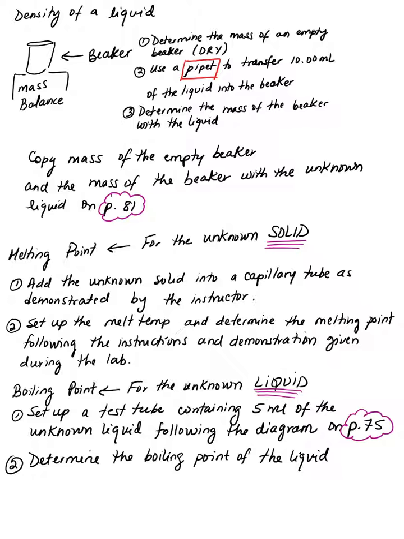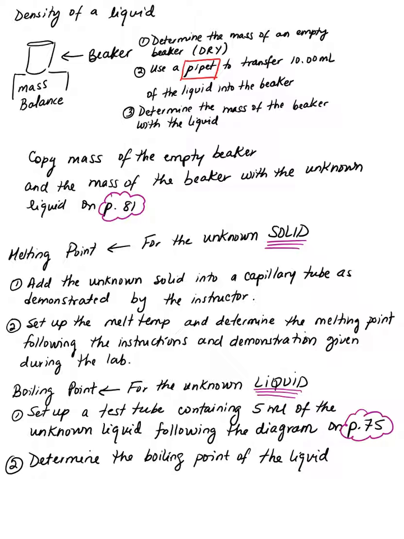And I will show you how to fill your capillary tube, which is what we use to place the solid, and that capillary tube goes inside the melt temp, which is the one that you're using to determine the temperature. So I will demonstrate, and you should pay attention so you know what you're doing for that part.